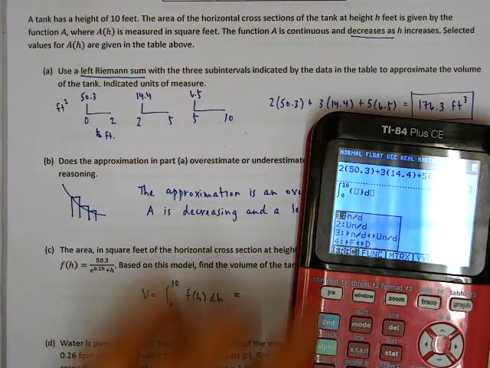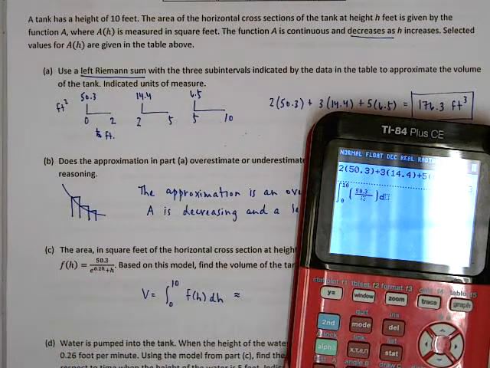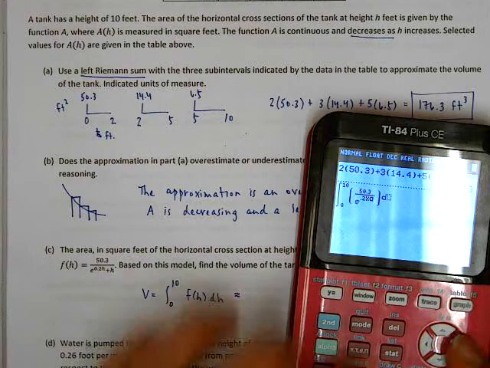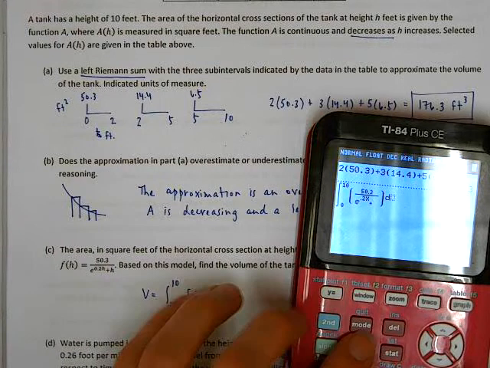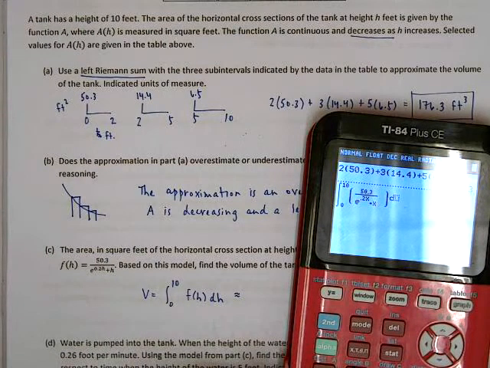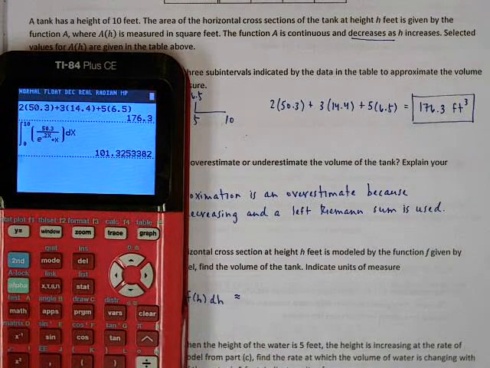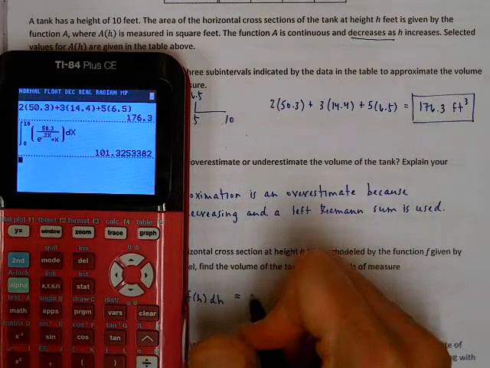So let's see, this was the integral from 0 to 10 of 50.3 over e to the 0.2x plus x, dx. So remember, we're always going to 3 decimal places. So we get 101.325.